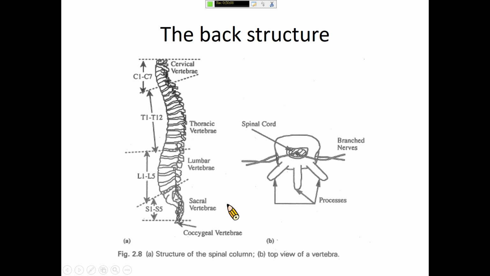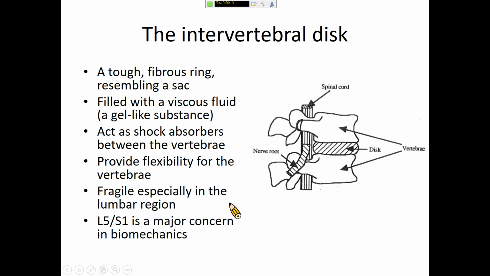Okay. And if you look at any of the two vertebra, we know this is a joint, right? And there's a disc. This is a joint, and there's a disc. You can call it intervertebral disc. Intervertebral disc.